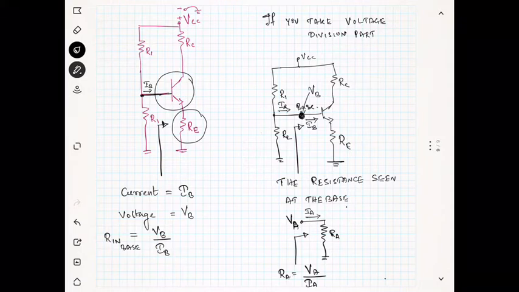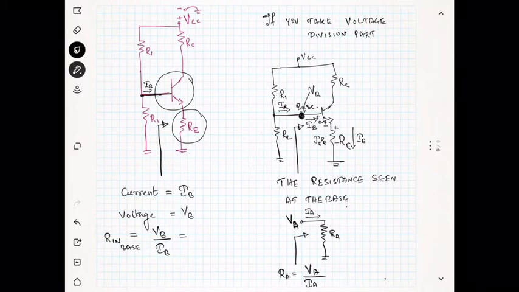Now we will find how to obtain VB. You know that the voltage at the base, actually you have VBE is 0.7 and the current which is going into the emitter is IE. So the voltage across RE is nothing but IE into RE.